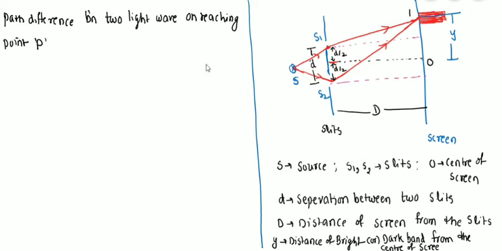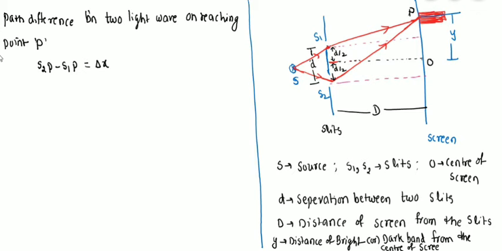You see the figure very carefully. The distance traveled by the first light wave is S1P. This we will take as P. You see this, this is the P. The distance traveled by the second light wave is S2P. That means the path difference is S2P minus S1P. Okay, that we can consider as delta x.